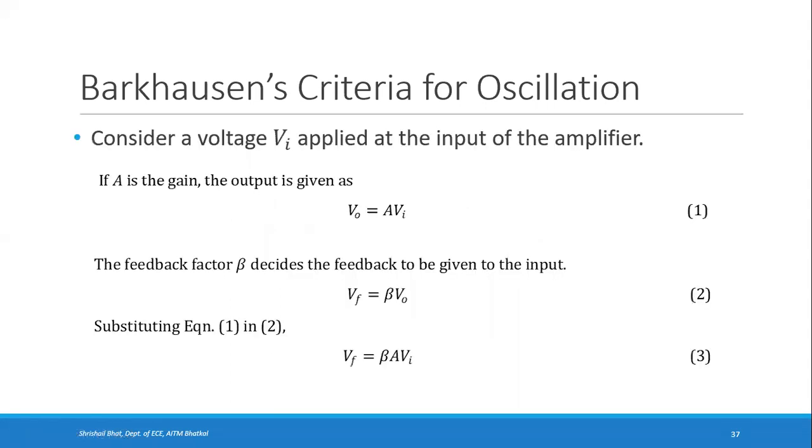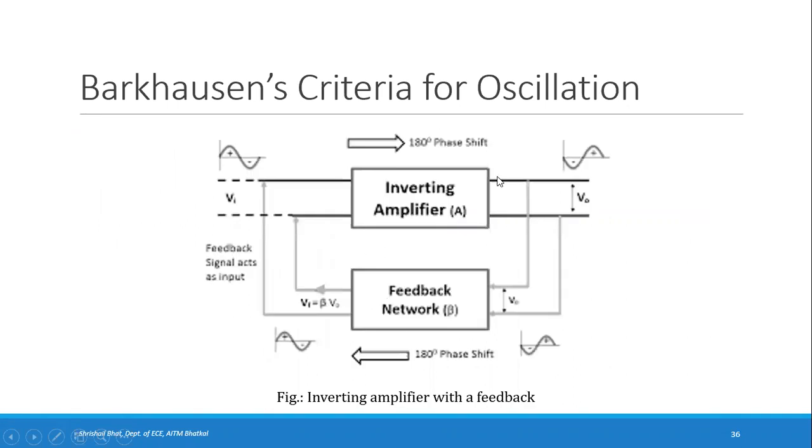Okay, there is another criterion. If you consider the voltage Vi that is applied, you know that the gain is A, that is V0 by Vi, right? So V0 is A times Vi. Output is gain multiplied by input voltage. Now, the feedback factor beta decides the feedback, that beta is Vf divided by V0. We have seen this in the previous discussion also.